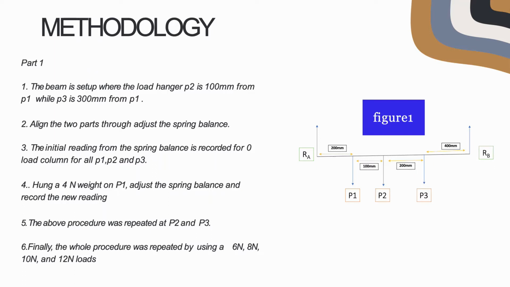Step 2, you have to align the two bars to adjust the spring balance. Step 3, the initial reading from the spring balance is recorded for the 0 load column for all B1, B2, and B3. After that, you have to hang a 4 Newton weight on B1 and adjust the spring balance. After you adjust the spring balance, you need to record the reading.